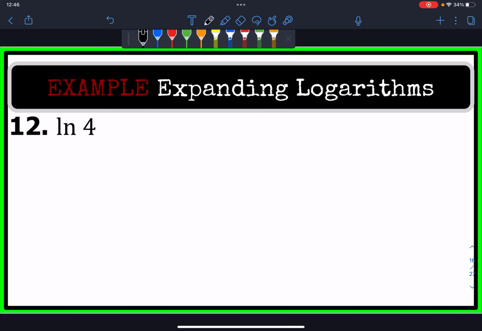And on the last one, 4 isn't being divided by anything, unless you want to read this as the natural log of 4 over 1, which would then be the natural log of 4 minus the natural log of 1. So everything can be written as that.